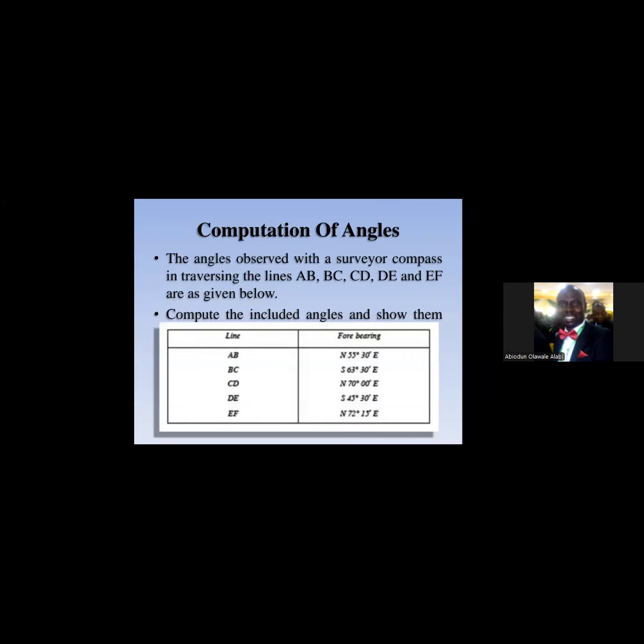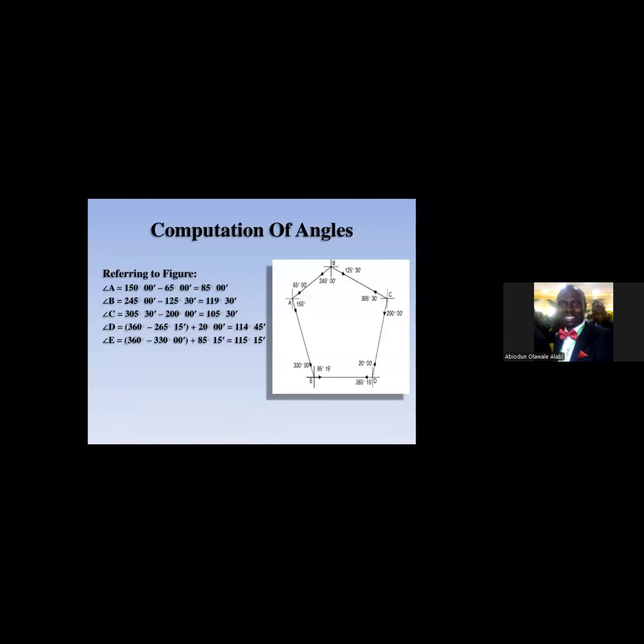And don't forget, this shape you are seeing now is a polygonal shape. How many sides? 1, 2, 3, 4, 5. So this is a pentagon. So I can compute the sum of interior angles of this polygon.